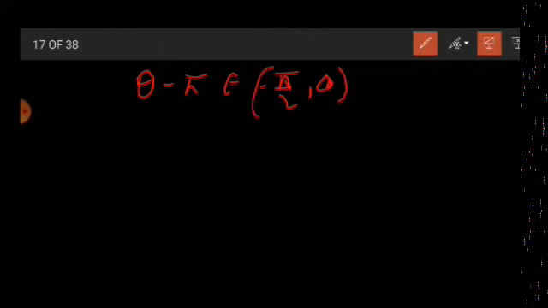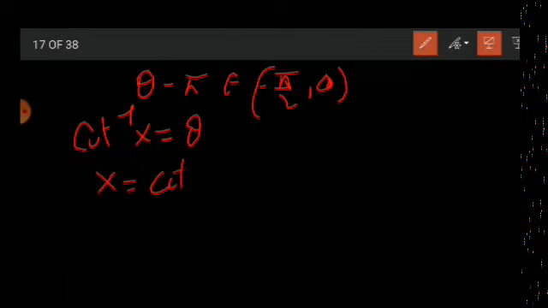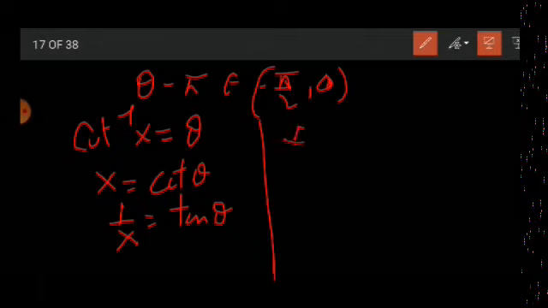And hence we can say cot inverse x equals theta, right? So x equals cot theta, and 1 by x becomes tan theta. Clear? So 1 by x can also be written as minus of tan of pi minus theta.